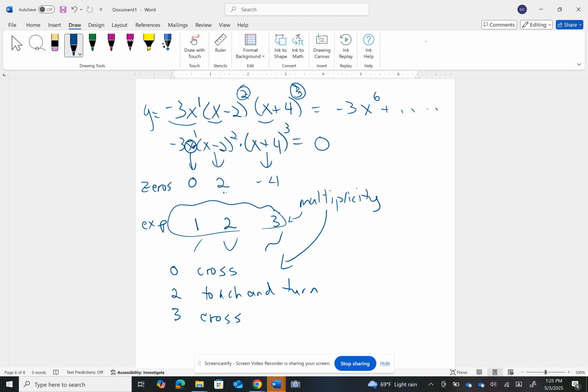But if I were doing end behavior, that's all I would need. So for the end behavior of this one, it's an even number, so the arms are going to be in the same direction, and they're going to both point down. So it's going to be down to the left and down to the right because it's negative.